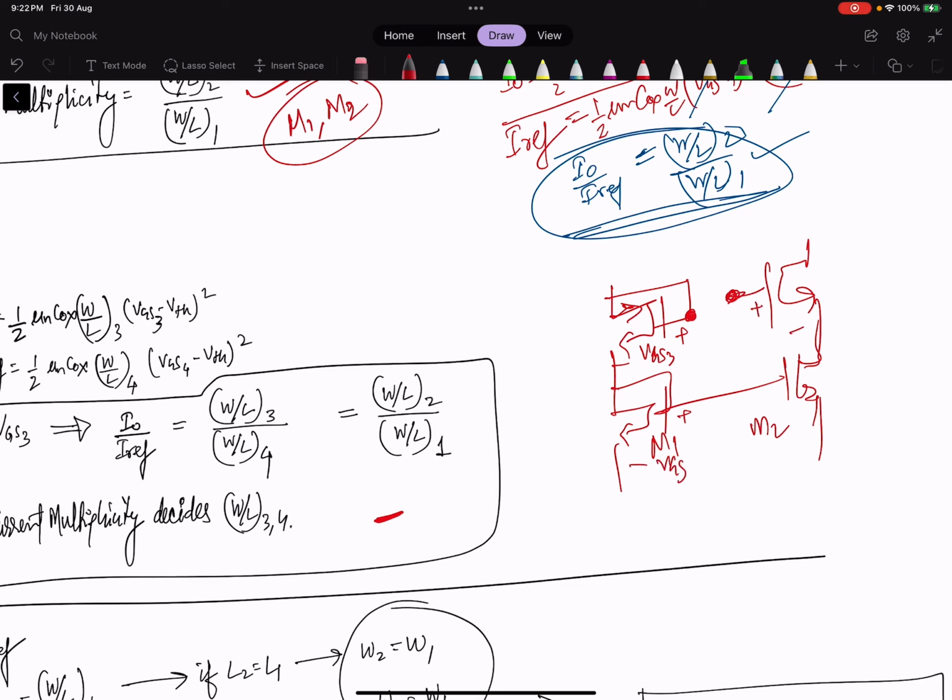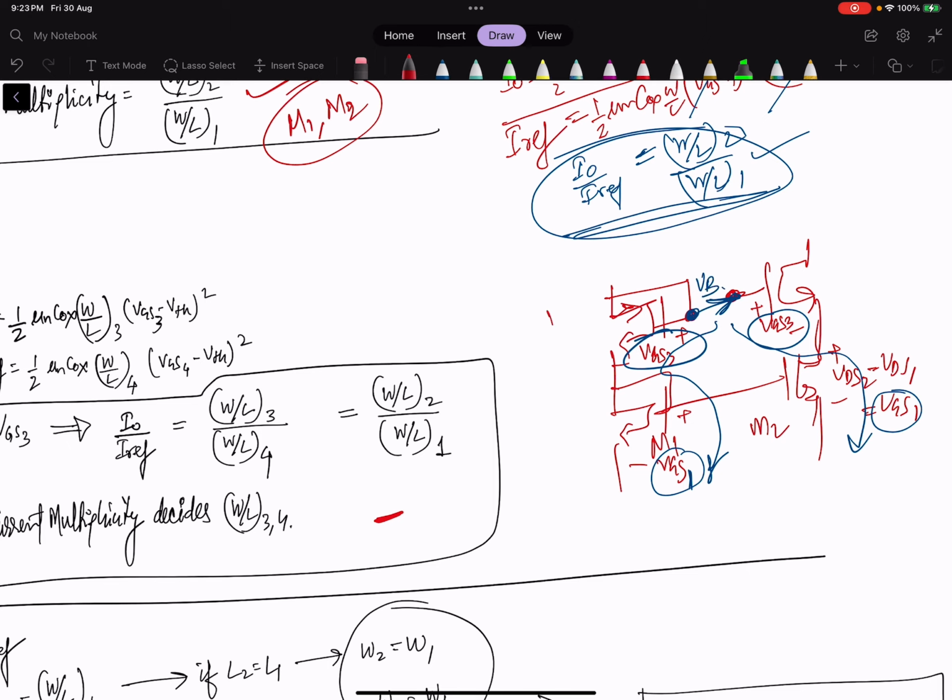We need VGS3 here, and this voltage VDS2 should be equal to VDS1, which is equal to VGS1. So VGS1 and VGS3 are already made by the design. This voltage and this voltage are the same, so we connect this here, because this is the voltage generated here, VB.